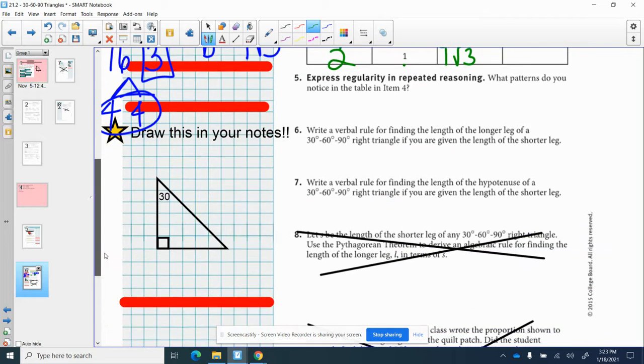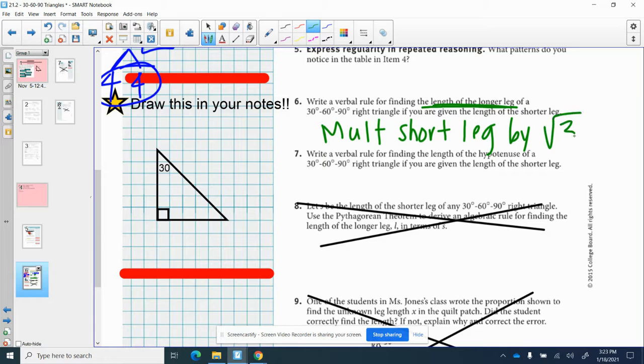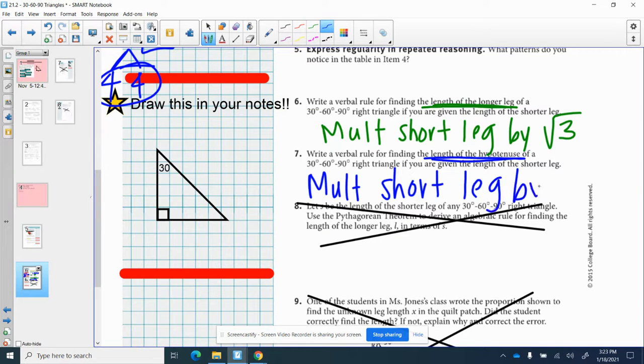So as we move through this, if you are looking for the length of the longer leg, you multiply the short leg by the square root of 3. And if you're looking for the hypotenuse length, you multiply the short leg by 2, right?